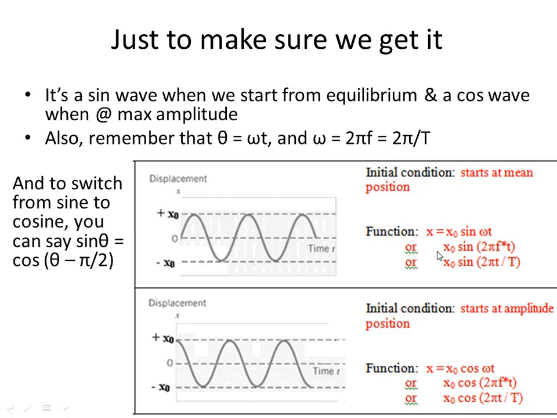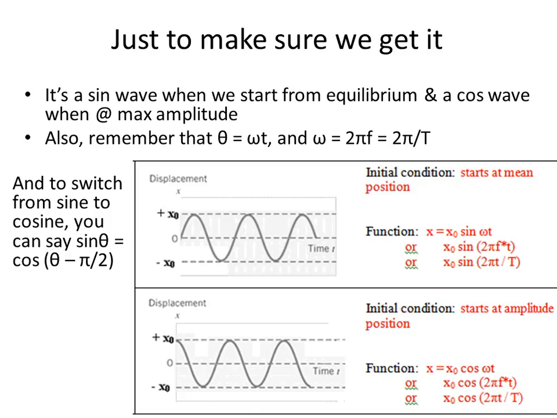I can say x is equal to x naught, that's the original amplitude, sine omega t, or sine 2 pi frequency times time, or sine 2 pi lowercase t divided by capital T. Remind me what capital T is, please? That's the period.